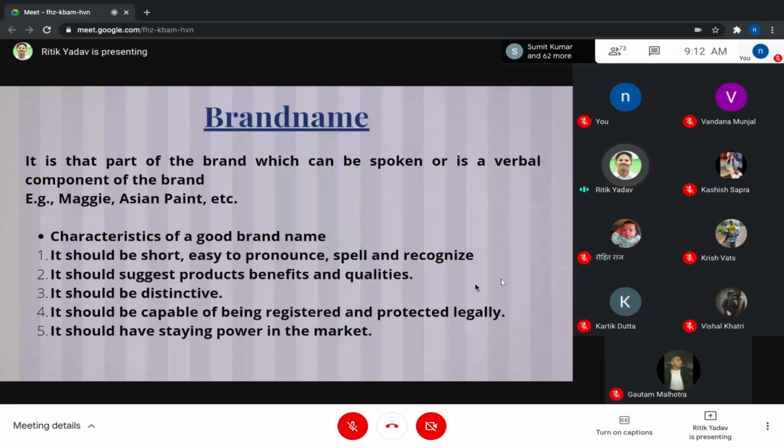First, it should be short, easy to pronounce, easy to spell, and recognizable. Second, it should be distinctive. Third, it should suggest product benefits and qualities. Fourth, it should be capable of being registered and protected legally. Fifth, it should have staying power in the market.